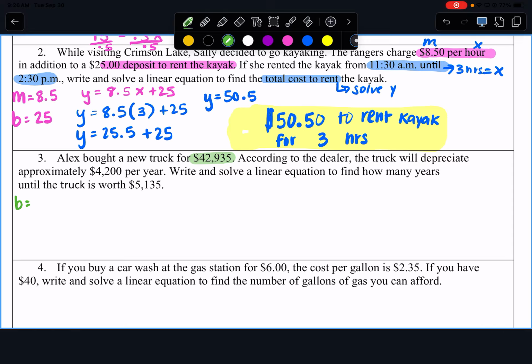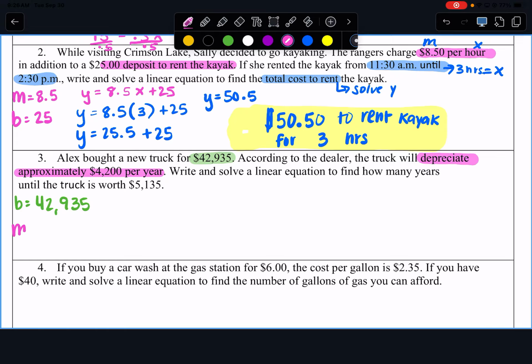Our b is $42,935. And it says, according to the dealer, the truck will depreciate. What does depreciate mean? Decrease. It's going to go down. So it's going to depreciate approximately $4,200 per year. What does that represent?